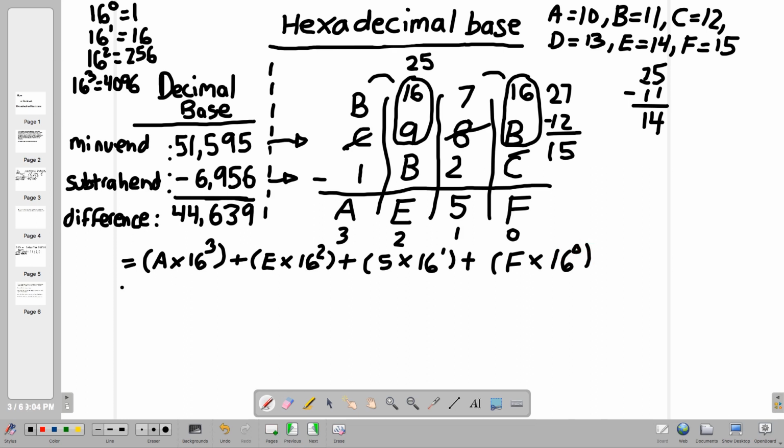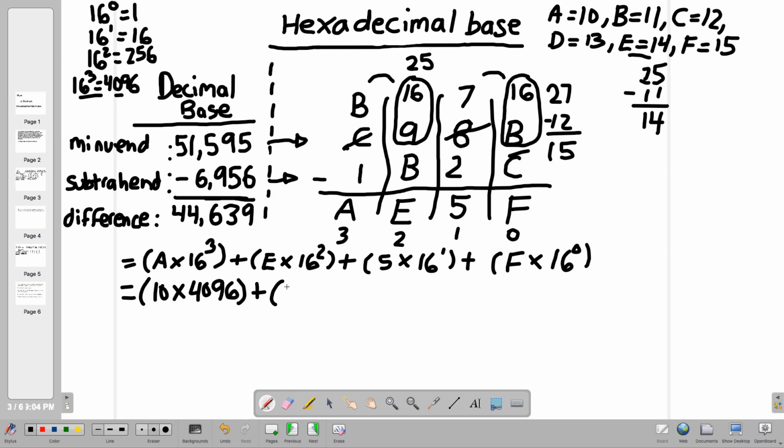All right, let's go right below. Let's break it out further. The letter A is represented with the value 10. So it's the same as saying 10 times 16 to the third power, that's what we showed up here, is the value 4096. Now the next parentheses, we have the letter E, and that's represented as the value 14.